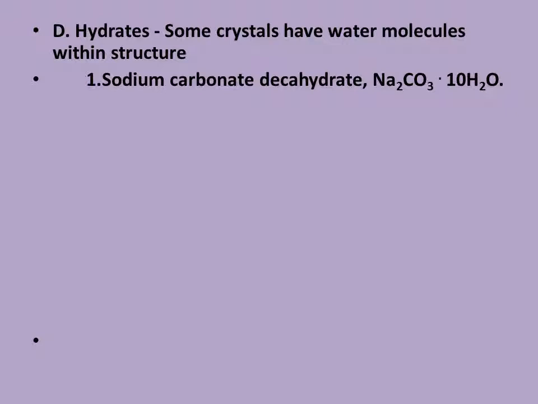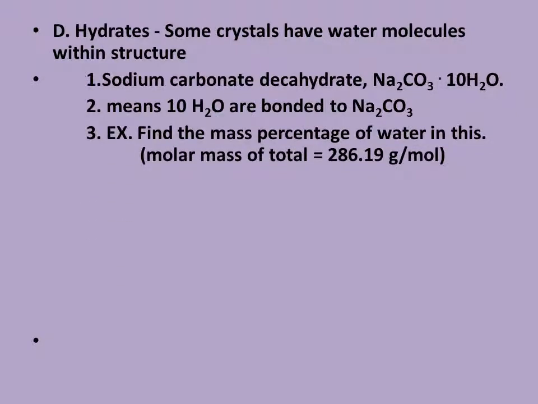It's not quite like that, it's just kind of stuck there. So it's not chemically bonded, but it's there, and there's 10 different water molecules clumped around each formula unit of sodium carbonate. I don't know if I really like the word bonded, so I'm going to call it stuck to, because it's a very, very weak bond.